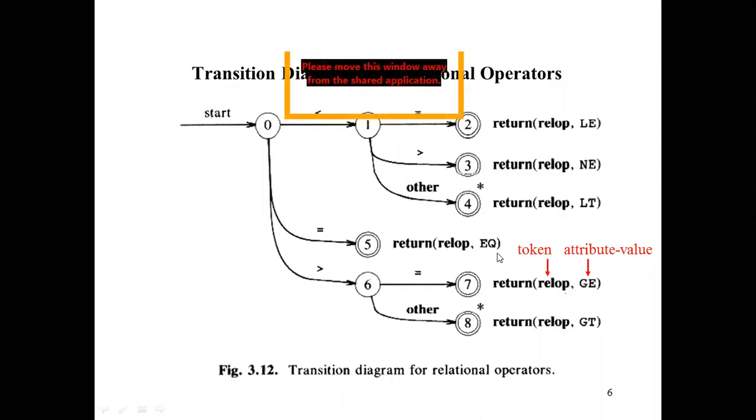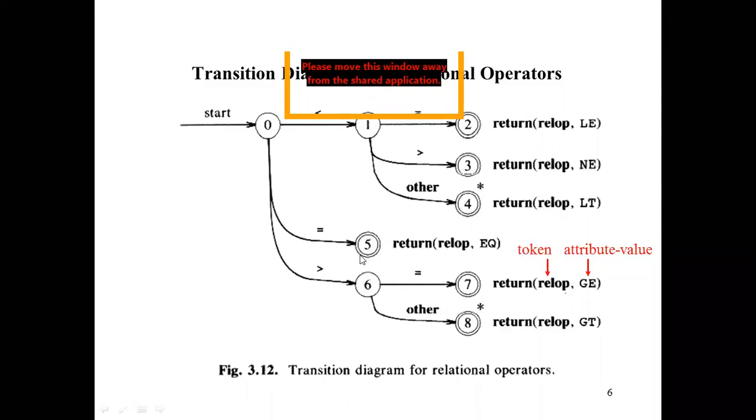Okay, and again come, suppose you want to draw the relational operator equal. Okay, you want to draw the transition diagram for the relational operator equal. Then what we will do, no need to move this side or this side or this side or this side. Okay, just cut off from here, and then start. This is the initial state 0, and then take branch from this side and this connect to the another state 5.